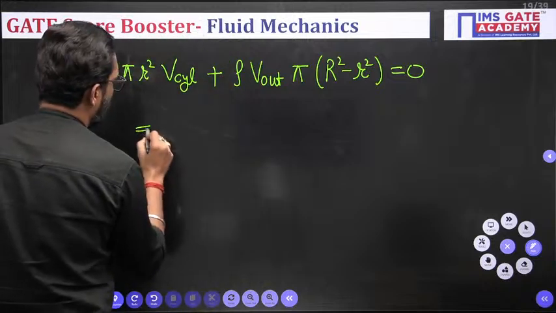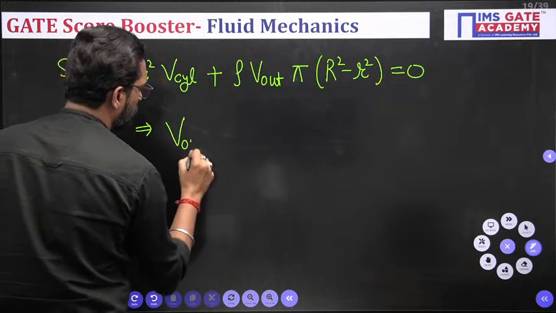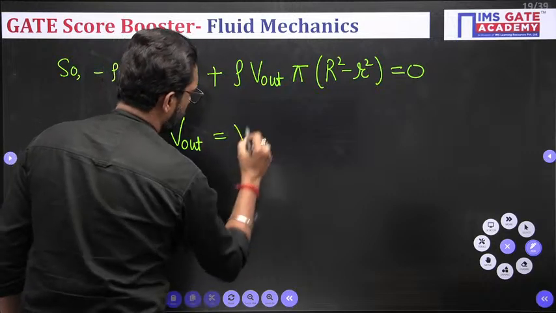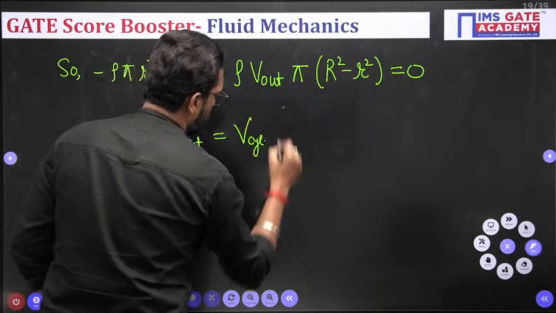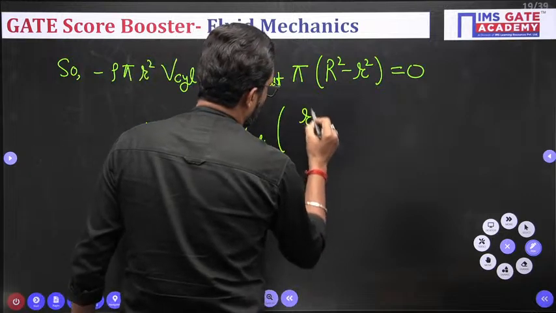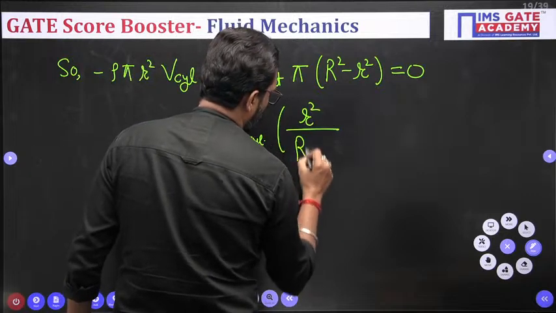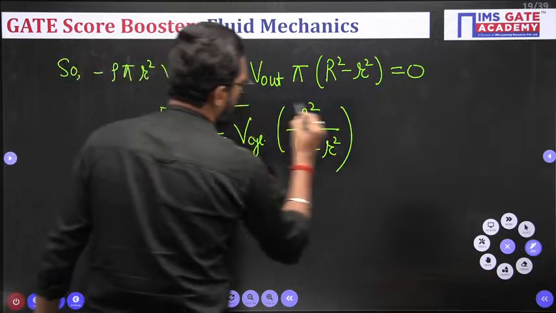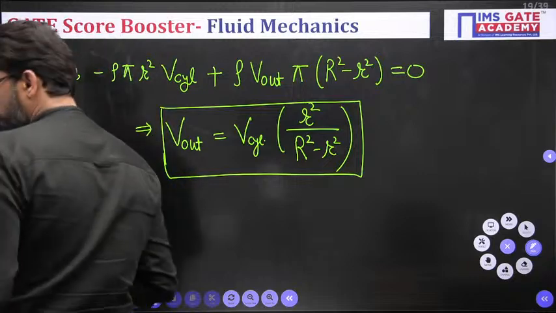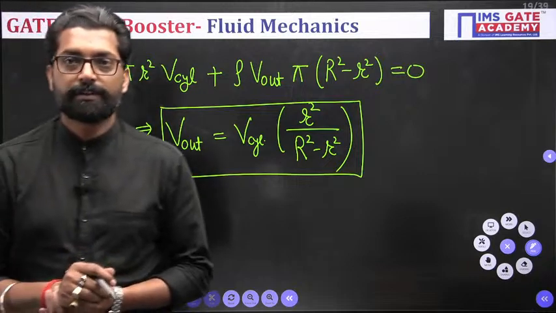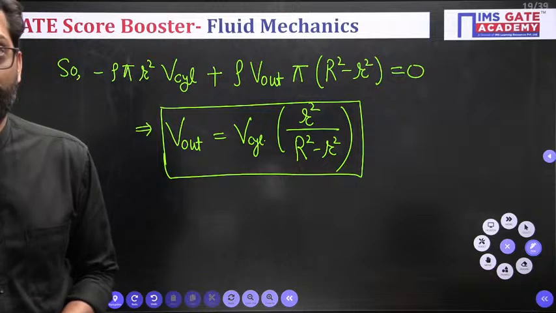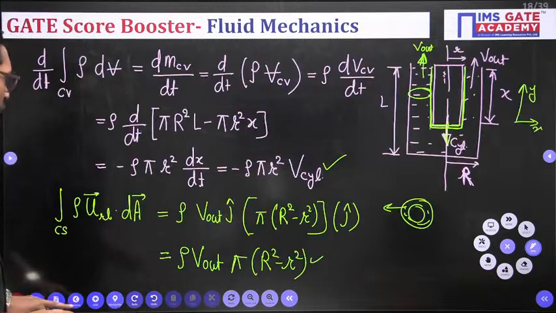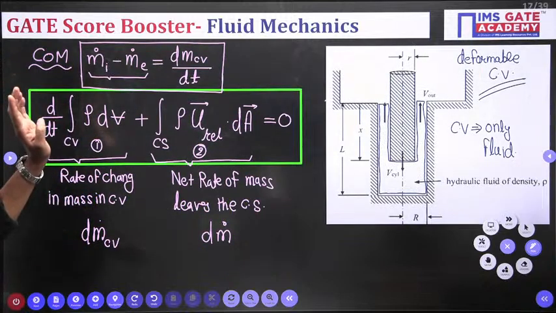So if you find V out, this V out is V of cylinder into small r square by capital R square. This is your required out velocity. Clear? So my dear, these are simple applications of the conservation of momentum.